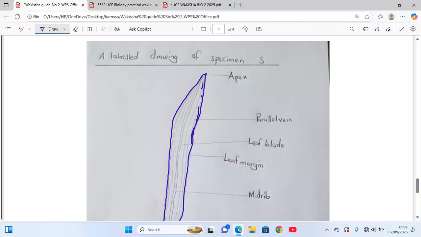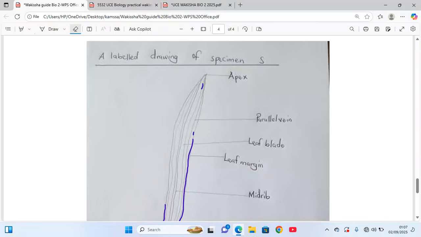So if this was my drawing, then it would also be questionable. Our lines should be straight and one line, and it should be freehand, one line, sharp pencil, very neat, so that you don't make your diagram untidy. So that's what I'm trying to mean.